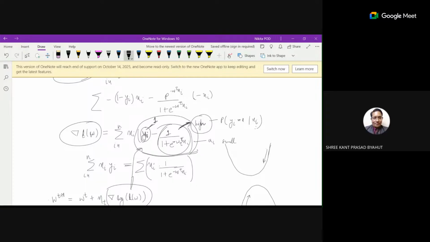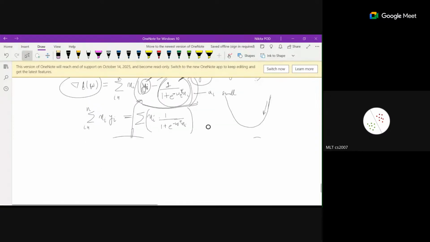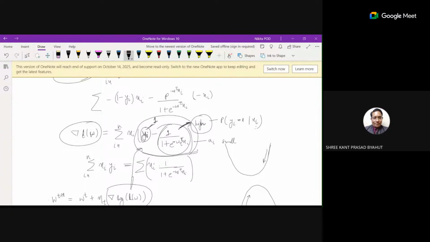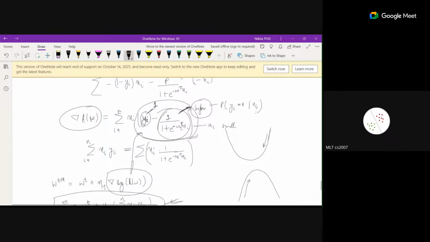It is not negative, it is small, because a probability will always be less than 1. So alpha i would be small. This data point is not contributing much to your gradient, so not much update will happen there if you look at the update rule.